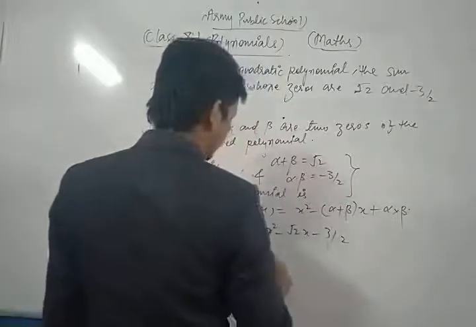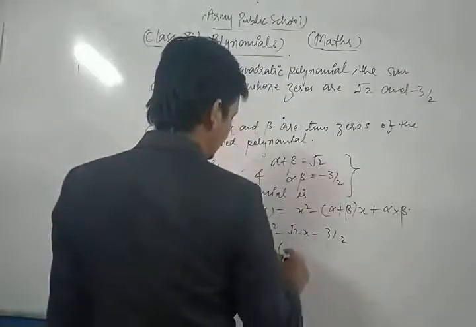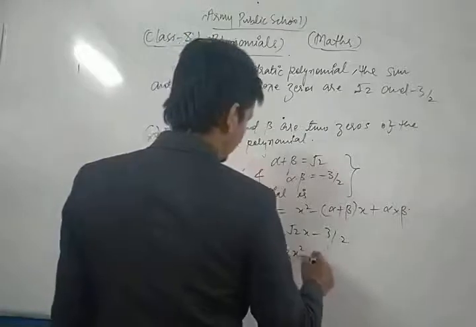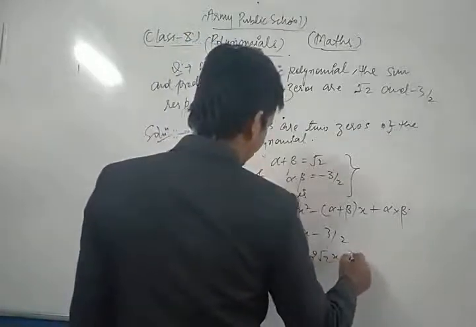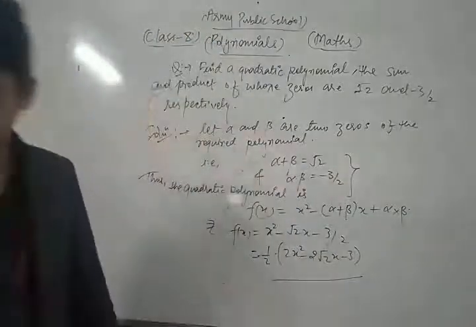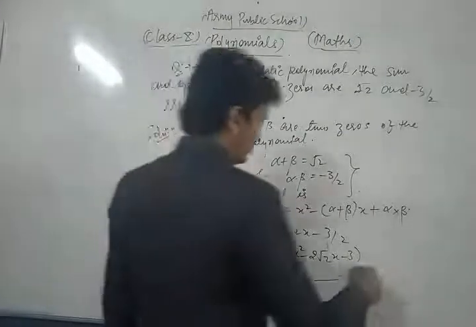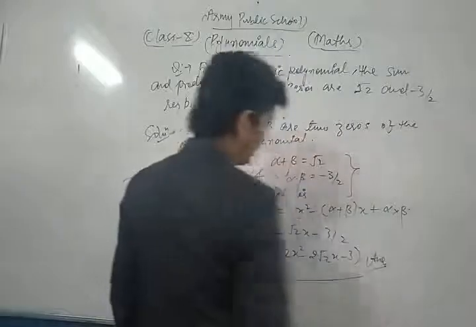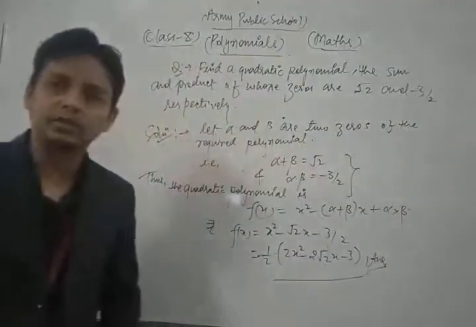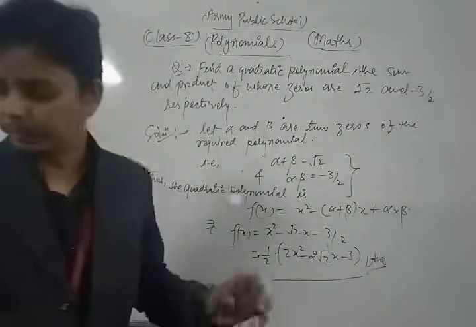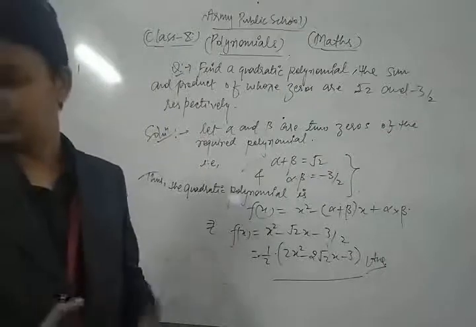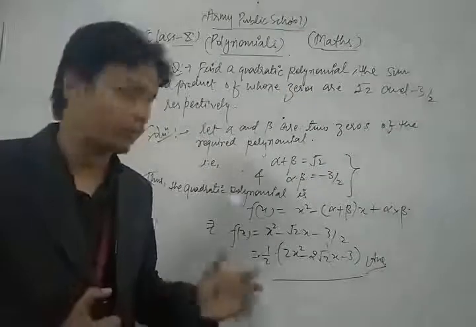Taking 2 as LCM, we can also write this as 2x square minus 2 under root 2 x minus 3. This is the required quadratic polynomial.